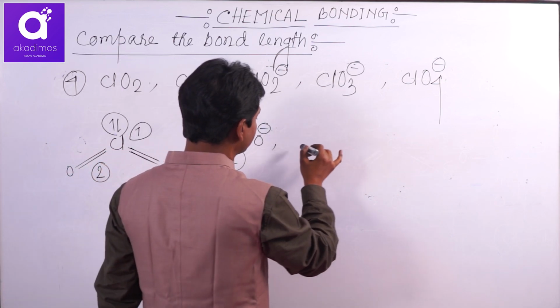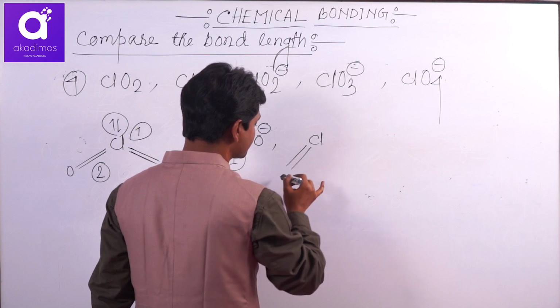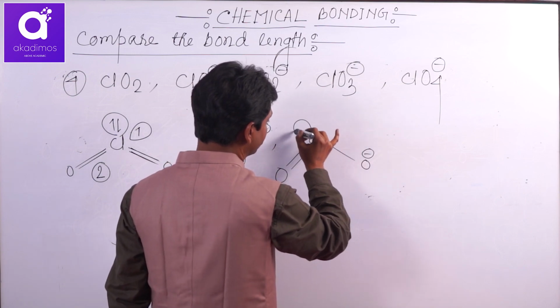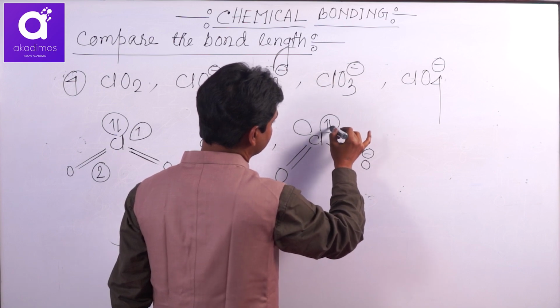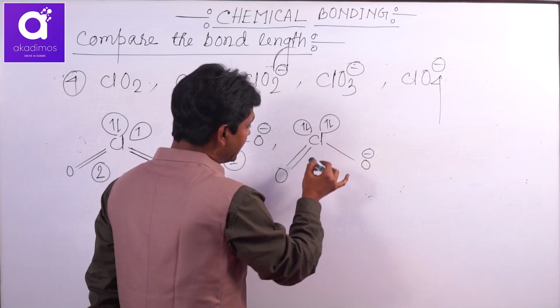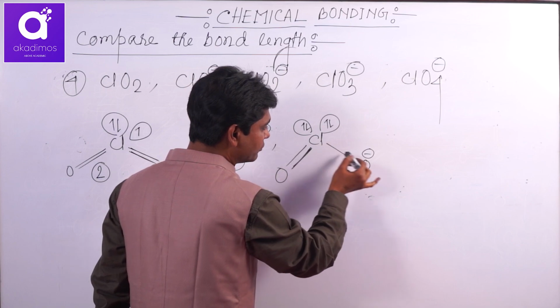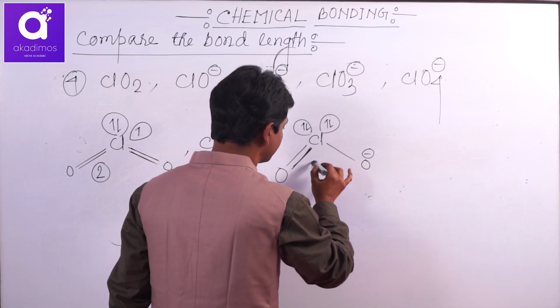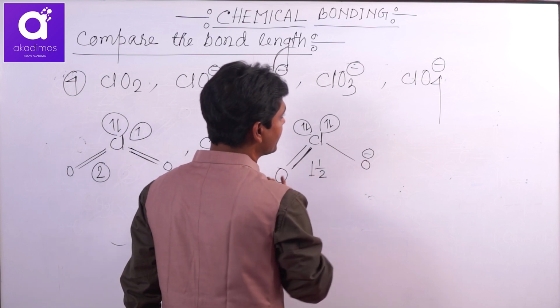And ClO2 minus, the structure is this one. And here you will get 2 lone pairs of electrons. Here see the bond order, 1 pi bond equally distributed among the 2 oxygen. If you draw the different canonical forms, here bond order 1 by 2.